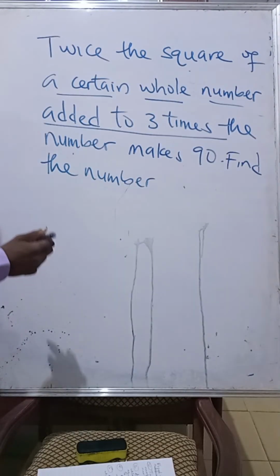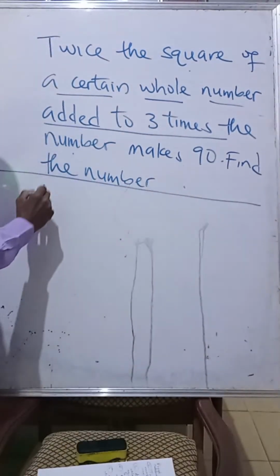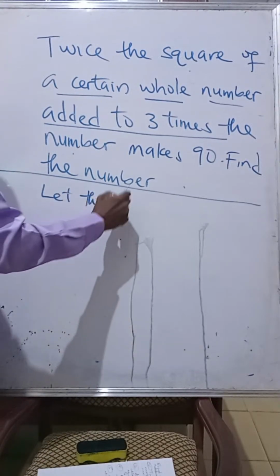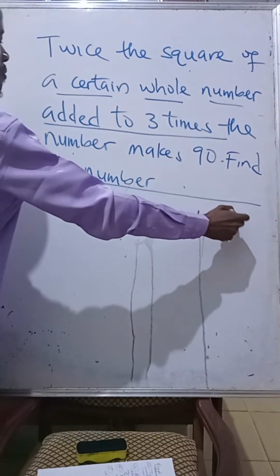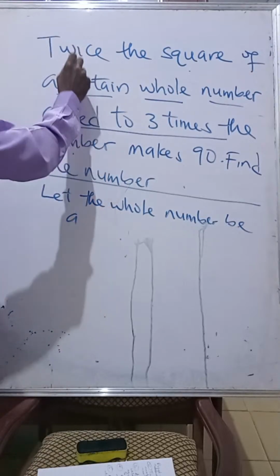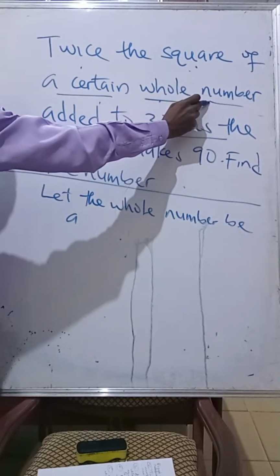So what we have here, let the whole number be any alphabet. Let's call it A. So we're having twice the square of a certain whole number.